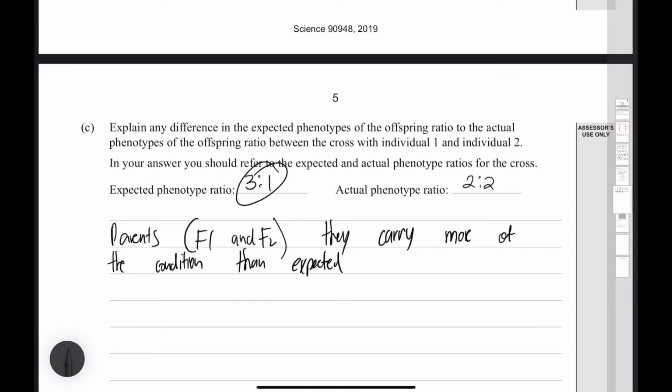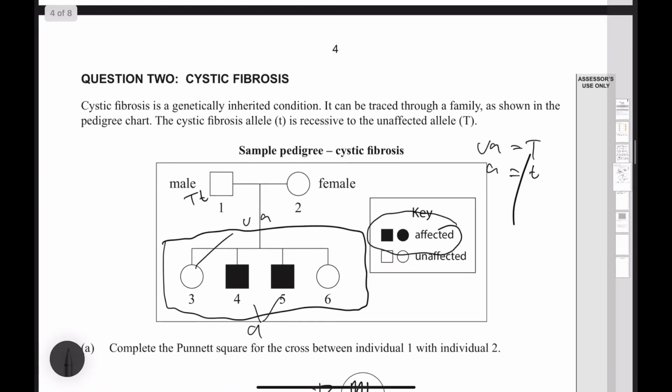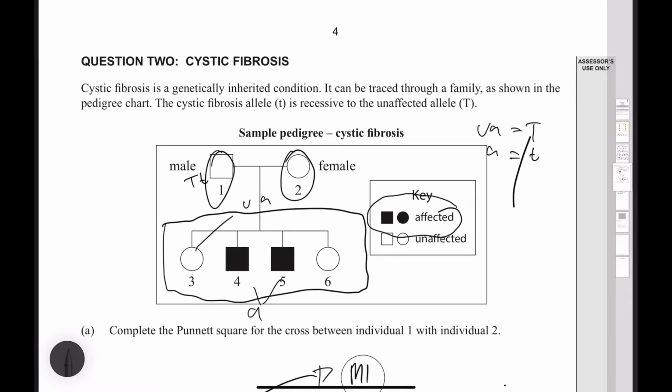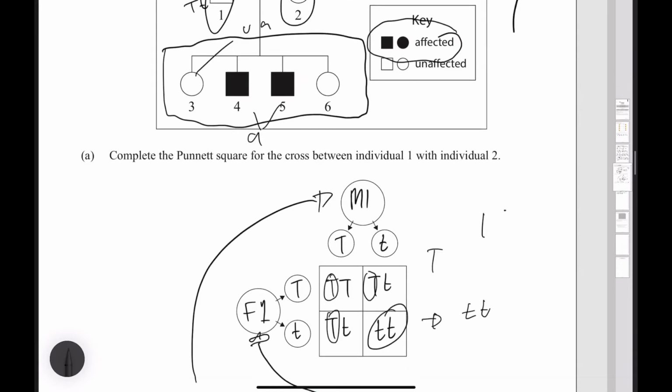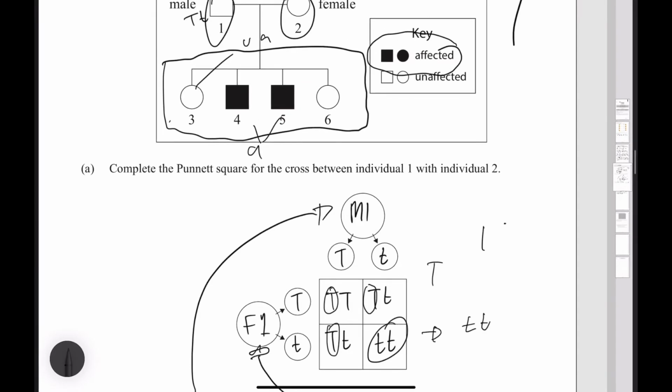So by F1 and F2, I'm referring to individual 1 and individual 2. They're carrying more of the cystic fibrosis than expected, because what we expected was only 1 of the individuals having the condition, but in reality, 2 of them were affected and 2 of them weren't affected.